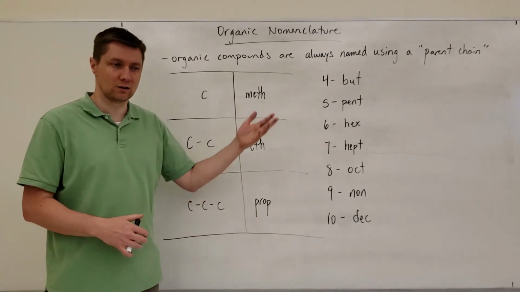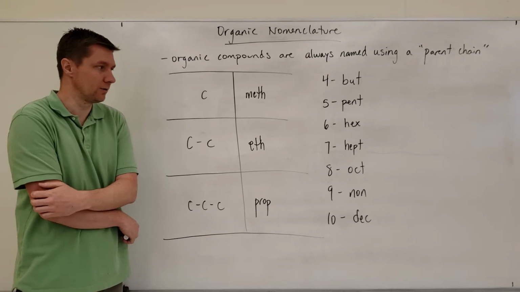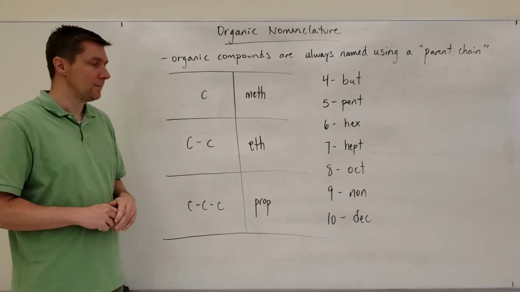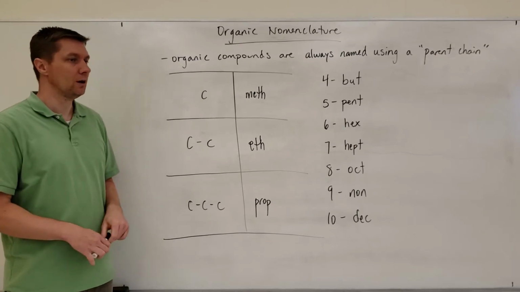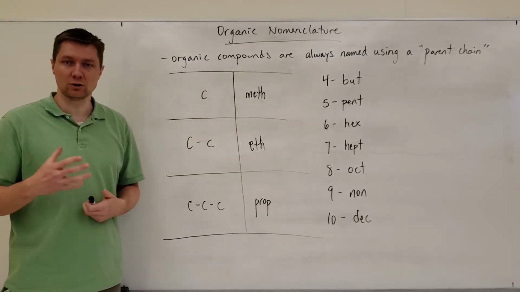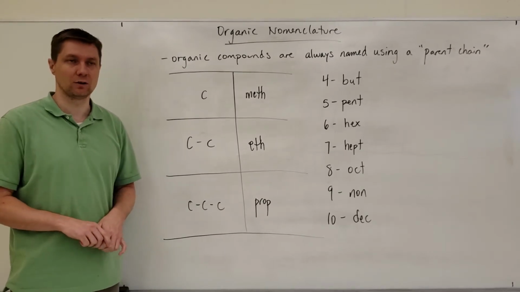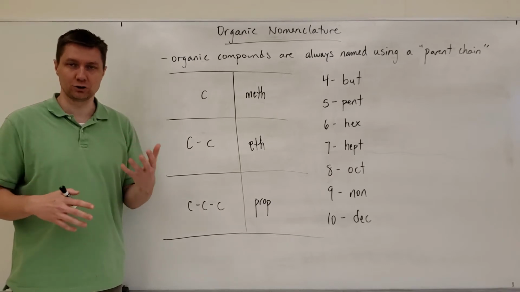A lot of these are similar, and many you're already familiar with. In the next series of clips, I'm going to show you how these parent chain names are used in naming particular types of compounds. These clips hopefully will be fairly short, so stick with me.